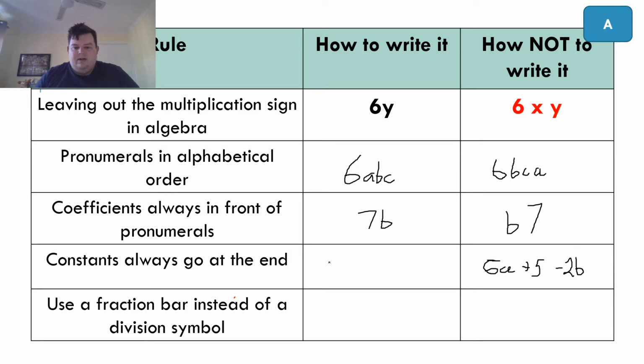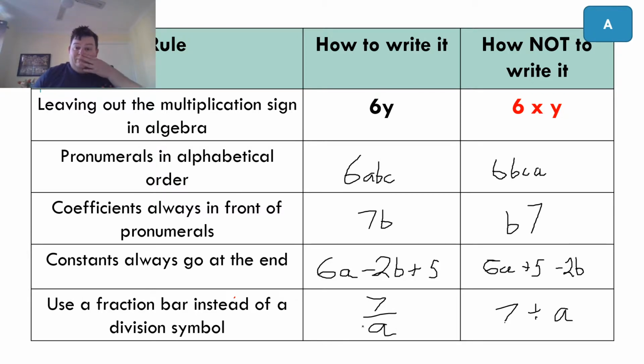So it was 6a, then I have to move that whole minus 2b across, and have a plus 5 on the end. And then use the fraction bar instead of the division symbol. So if I have 7 divided by a, it should be written as a fraction, generally speaking.